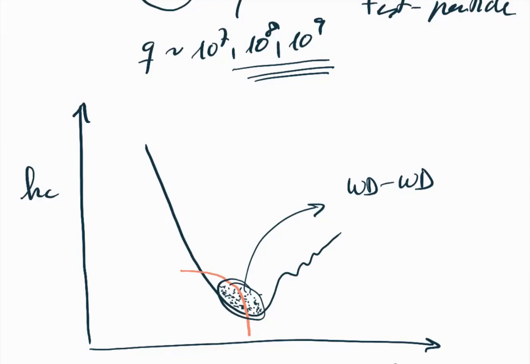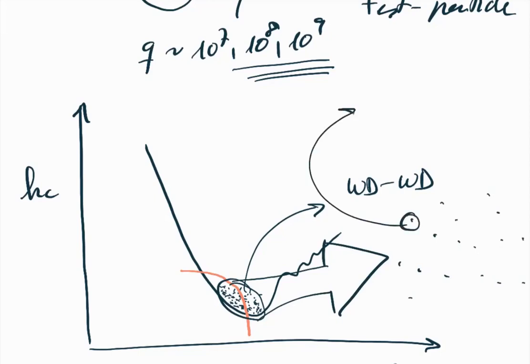So again, if you look at this thing over here, what you have is many different sources. This is just a zoom, if you want, of what I just drew. And this one here corresponds to a binary of 2 white dwarfs.